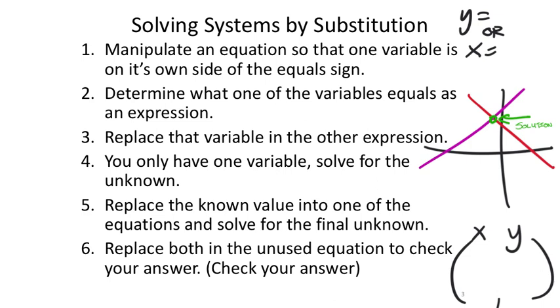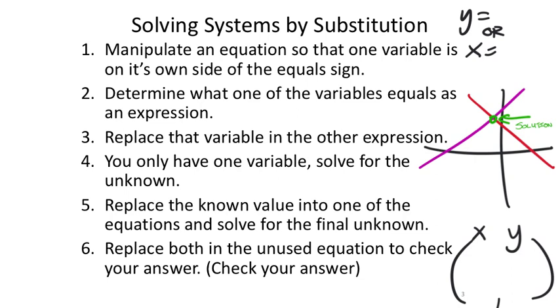And that solution, that intersection between the 2 lines, is a location on the graph. But in addition to that, this ordered pair here is the only ordered pair that would make, because these 2 lines come from an equation, this ordered pair, since it's on the red line, it would make this equation true. But since it's on the purple line, it would make that equation true as well, which is why we check for truthfulness at the end.